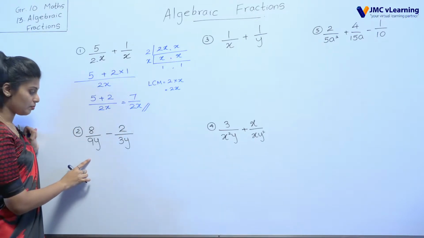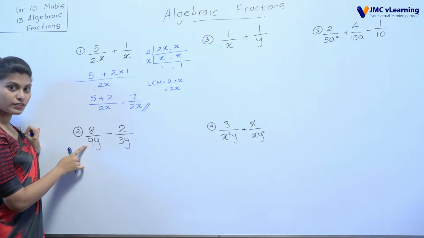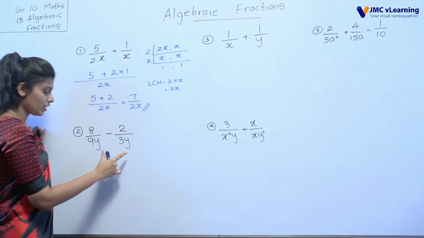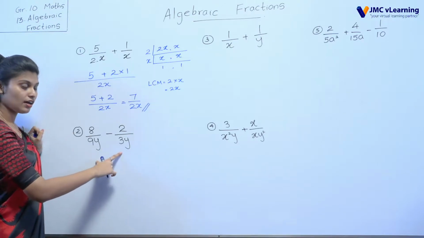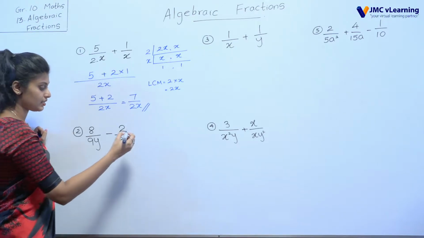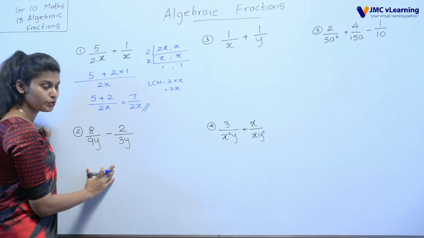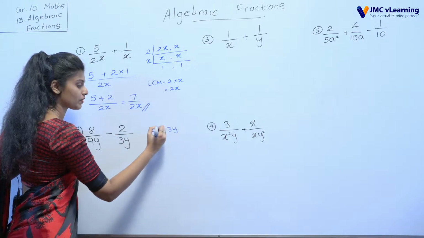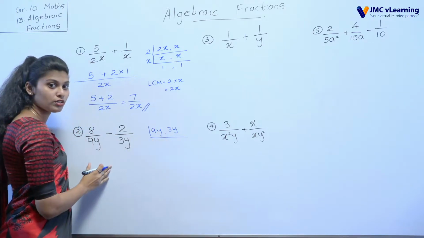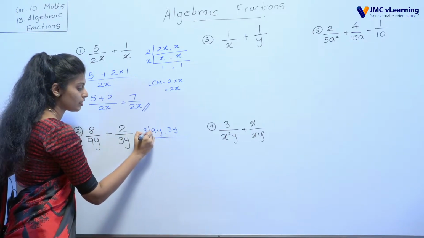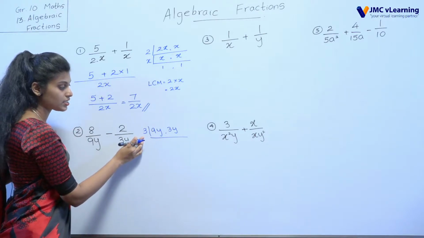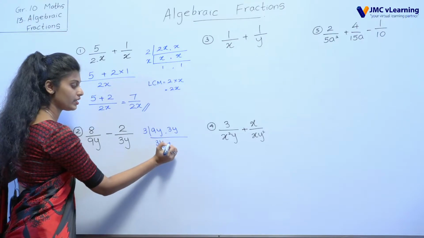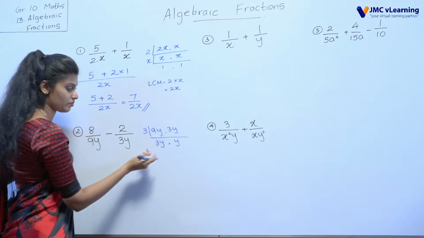Then the second example, 8 over 9y minus 2 over 3y. Here also the denominators are different from each other. Let's take the LCM of these two denominators, 9y and 3y. We can divide these both by 3. Then when you divide each by 3, we get 3y here, y here.